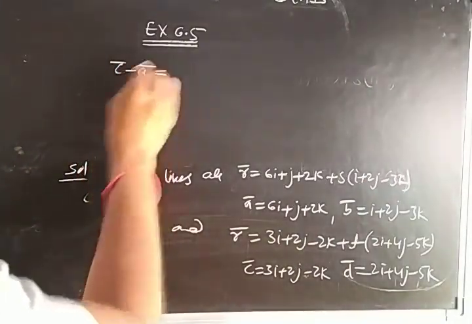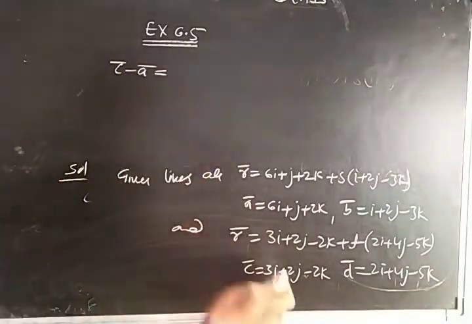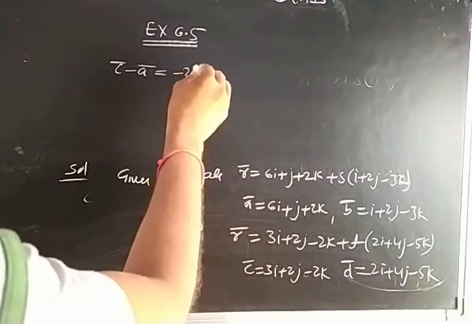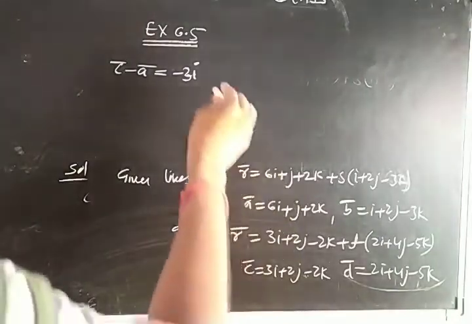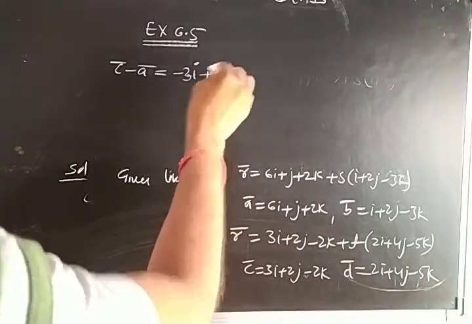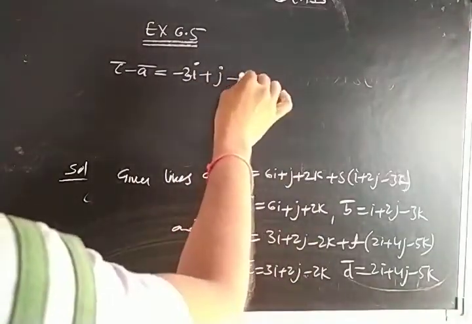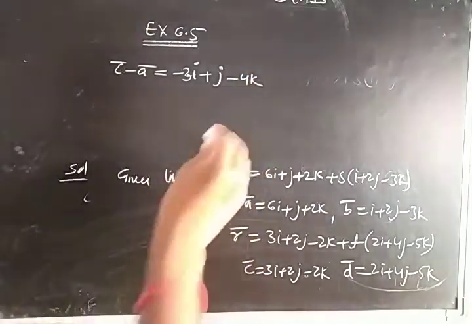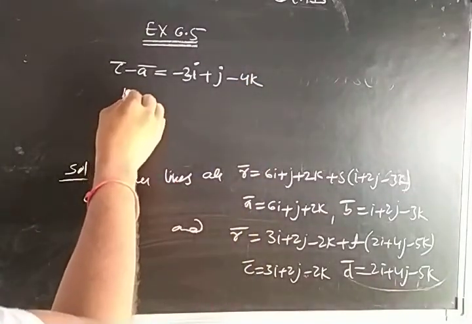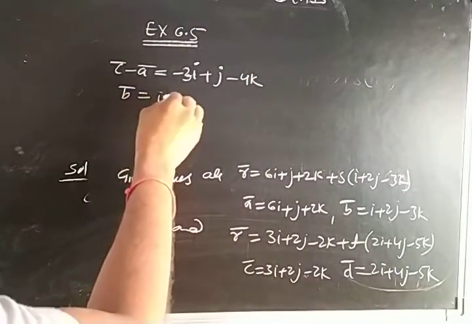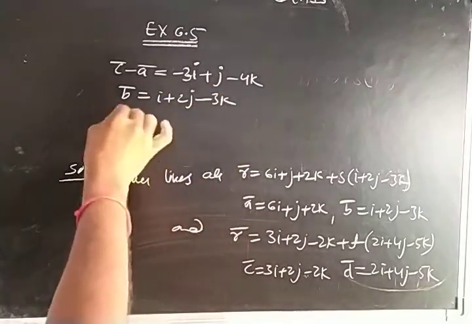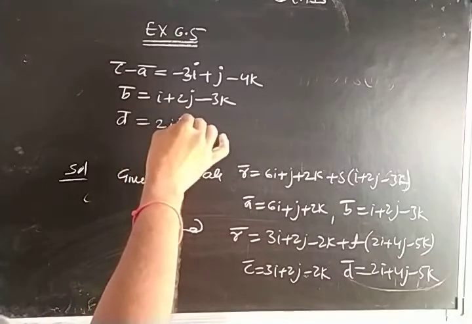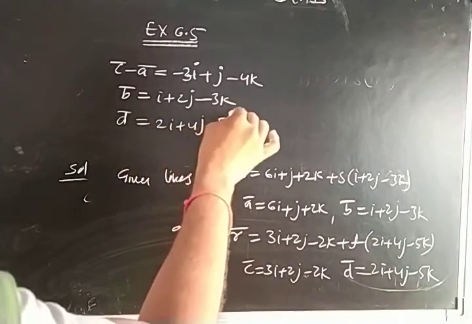So what I am going to show now, I am going to find c bar minus a bar. C bar minus a bar is 3i minus 6i, that is minus 3i, 2j minus j, that is plus j, minus 2k minus 2k, that is minus 4k. Right, I got c bar minus a bar, and b bar vector is i plus 2j minus 3k, and d bar is 2i plus 4j minus 5k.